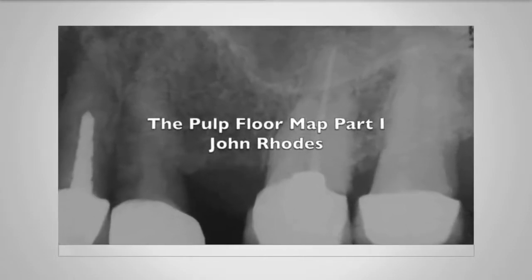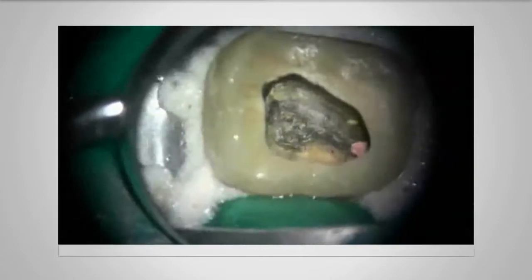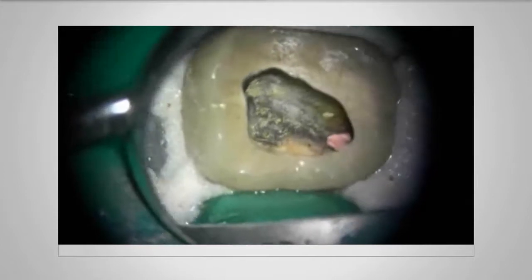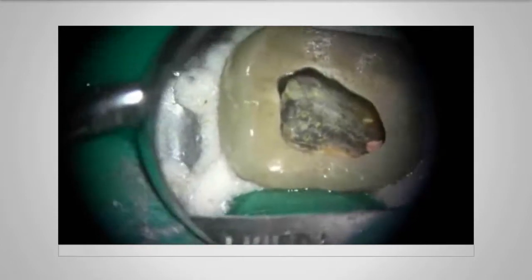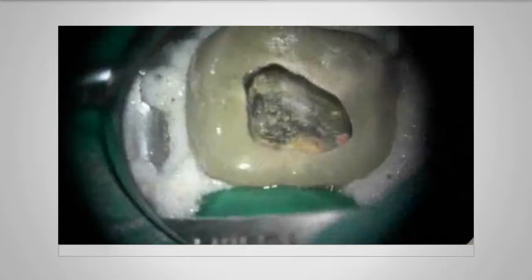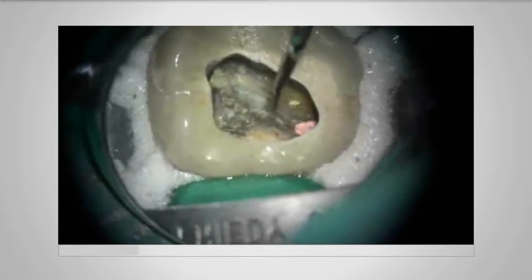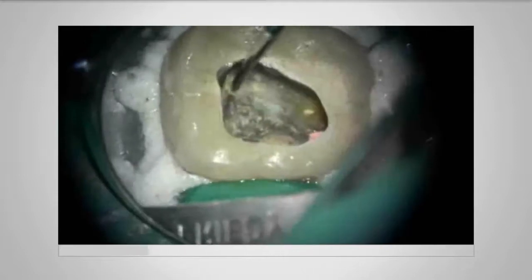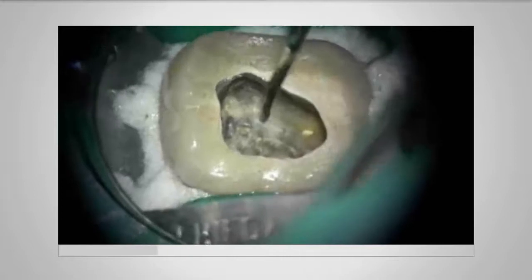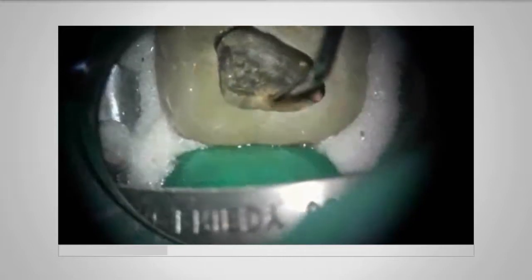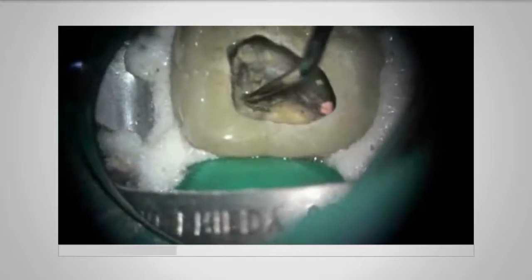Now I've removed the material from the previous access cavity, and I'm now looking down into the access with my microscope, and there's two things I'm looking for. That's the previous root filling in the palatal canal. I'm now tracing out a line with a DG16 probe to see the pulp floor, which tends to be darker, and the walls, which tend to be lighter.